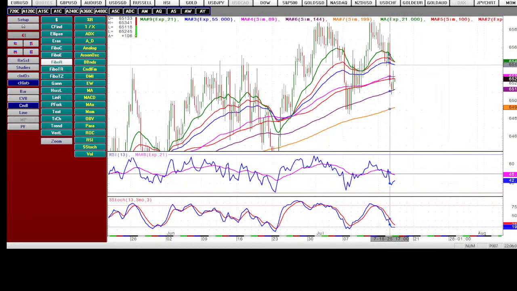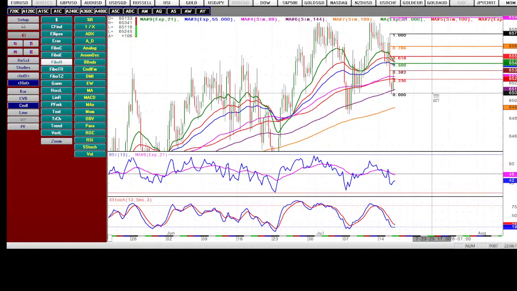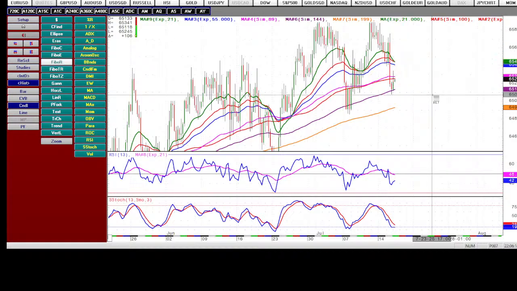Okay, so what we can do is go for a sell at 65.60 or 55, and the stop has to be above 85. So that is for day trading.